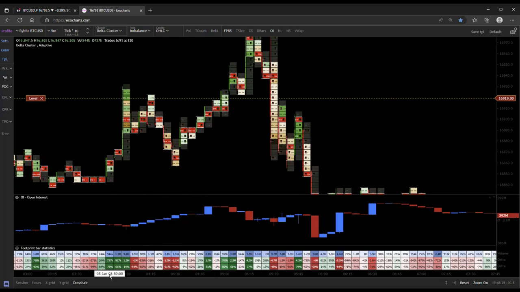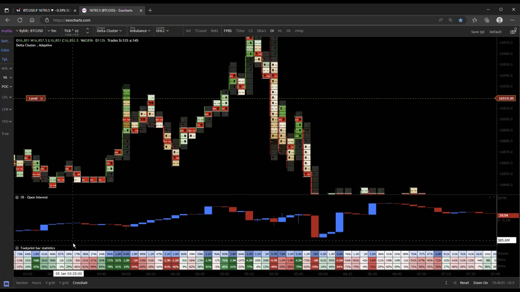You can see we have increases in open interest, so new positions opening. When open interest is increasing and price is increasing, that's obviously new positions coming in.